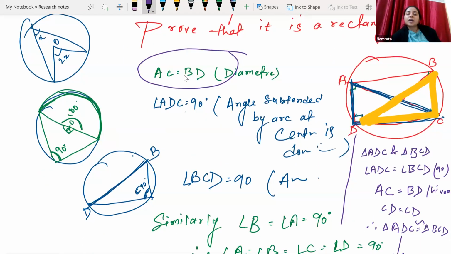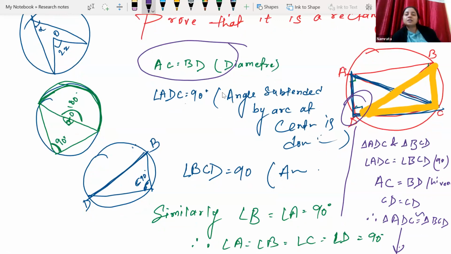I am talking about angle D, we have shown as 90 degrees by taking the blue triangle. And one more angle we have shown as 90 degrees by taking the yellow one. BD as a diameter, and angle C we have shown as 90 degrees.